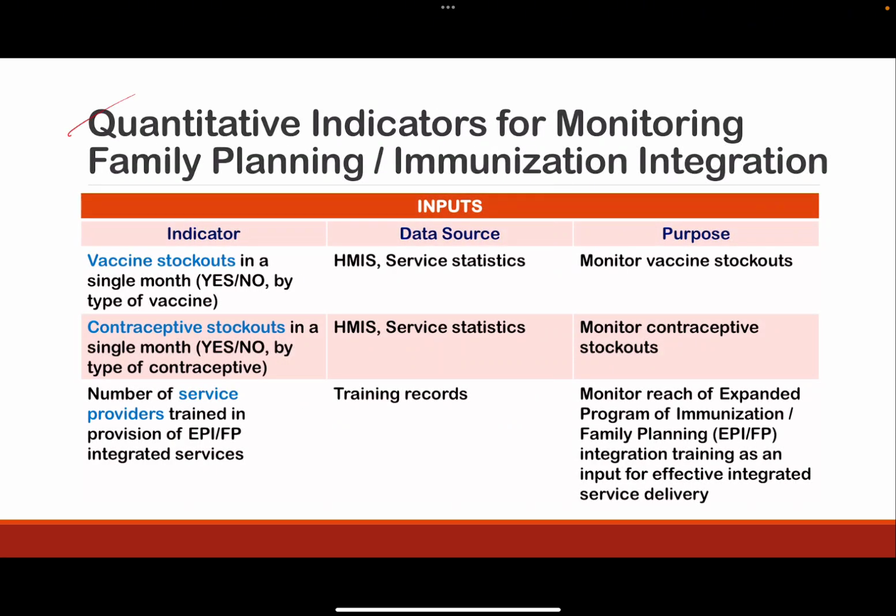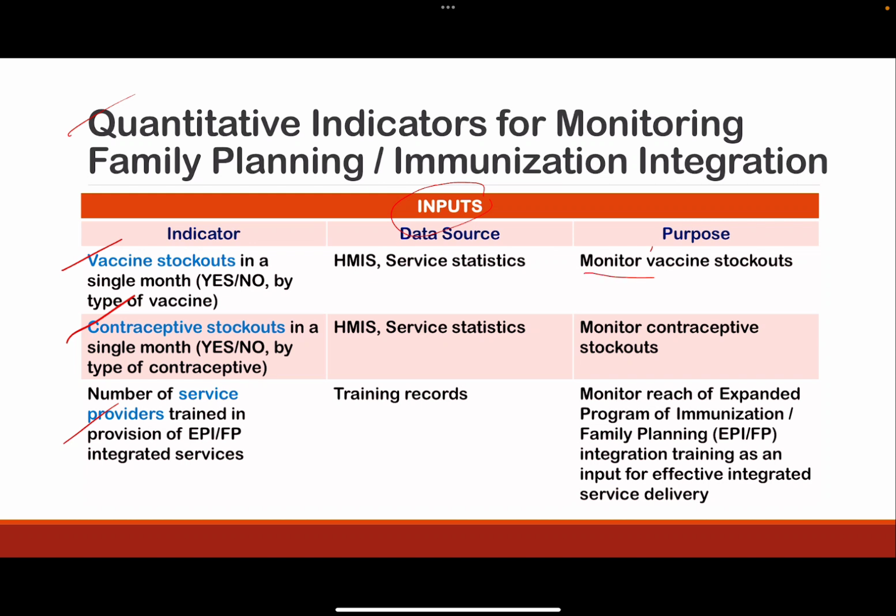And then, we also have quantitative indicators for monitoring family planning and immunization integration. So, input. Okay, dito muna tayo sa input. So, when we say input, it's all about resources. Okay? You are going to provide or give something. So, we have here vaccine stockouts, contraceptive stockouts, diba? Service providers. It's all about services.